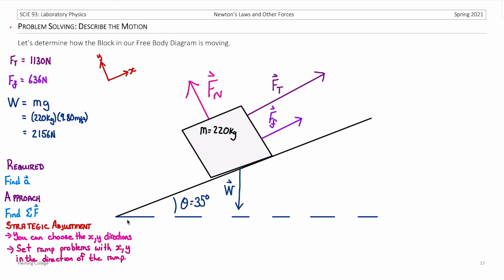So we're going to have a component in the new Y direction that is perpendicular to the surface of the ramp, and we'll have a component that's in the new X direction, which is in the same direction as the ramp. When you turn the ramp, the angle between the actual direction of the weight vector and its Y component will be theta.